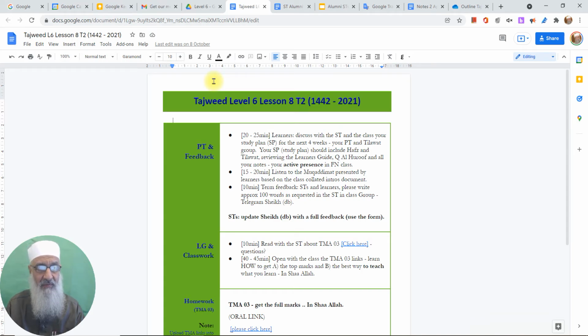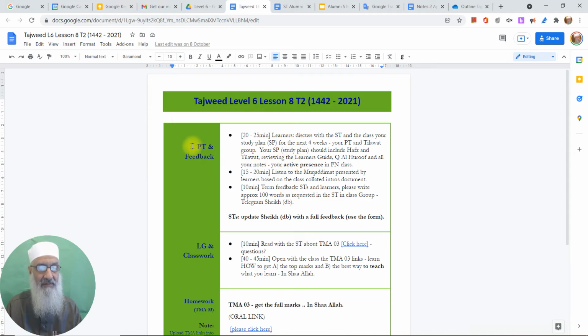On the screen you will find one of the latest lesson outlines, regardless of which level it is. This is for level 6, isn't it? But you can see that we are trying here to give a clear message to the learners about how many minutes they have to spend on a task.